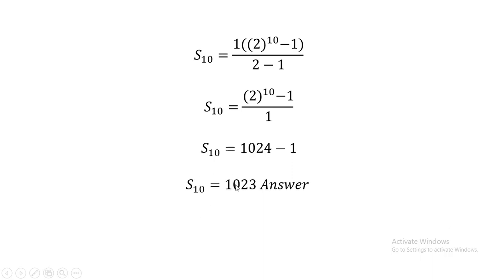So the sum of the sequence till 10 terms is 1023. I hope that you have understood geometric sequence and geometric series. Thank you.